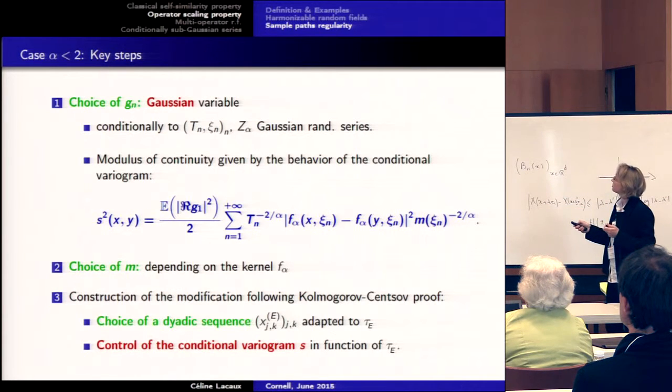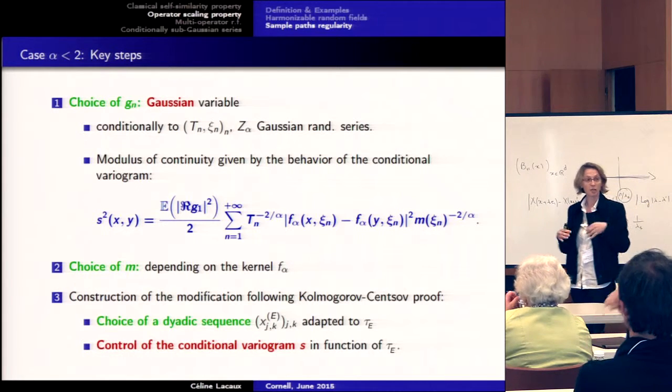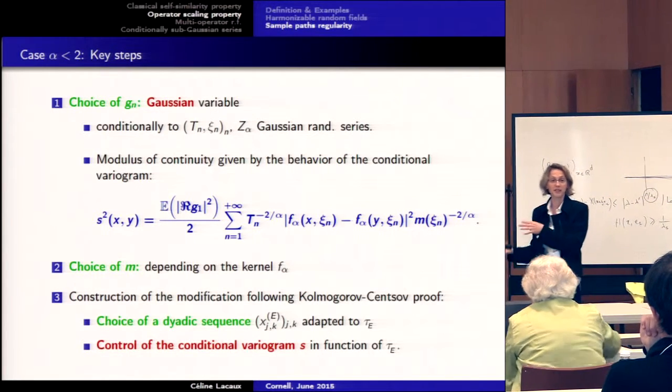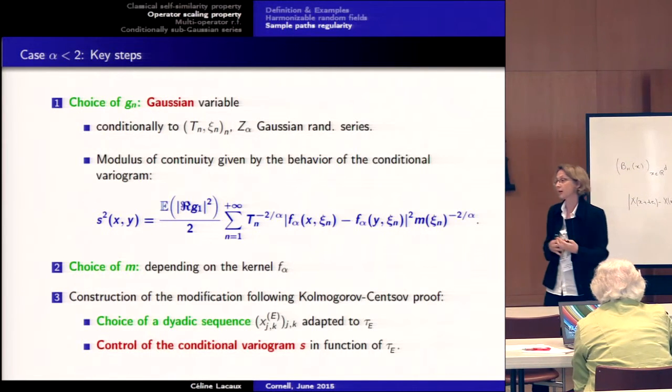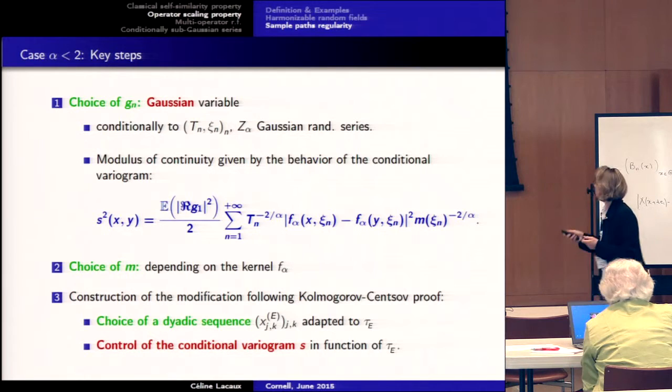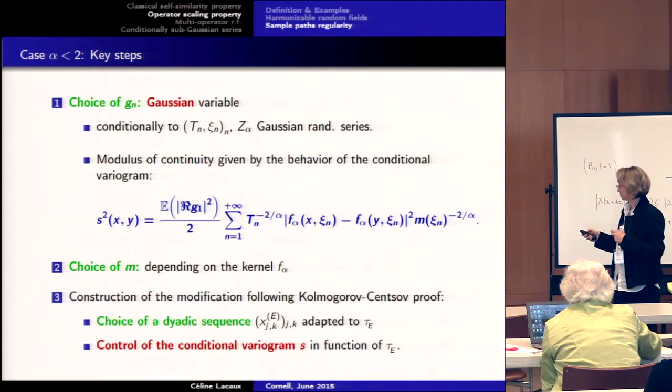The choice of Gn is Gaussian in order to have a conditionally Gaussian series. And then the modulus of continuity will be given by the behavior of the conditional variogram of your Gaussian field. So once you have conditioned, you obtain a Gaussian field. So you can study its variogram, and then you will obtain also the sample path property for your initial process.